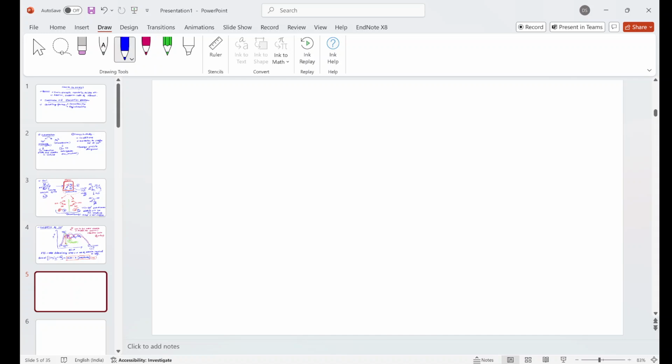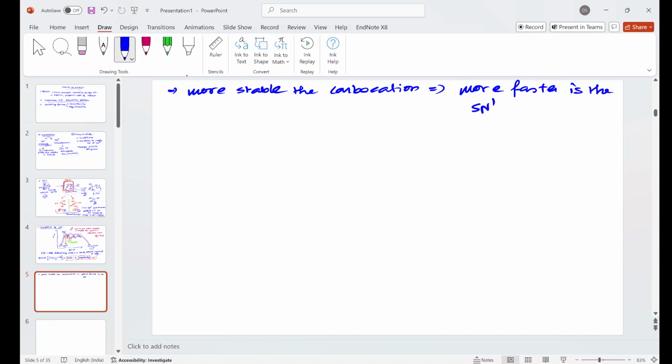Okay, so with that, you can see that the more stable the carbocation, the faster is the SN1 reaction, right?